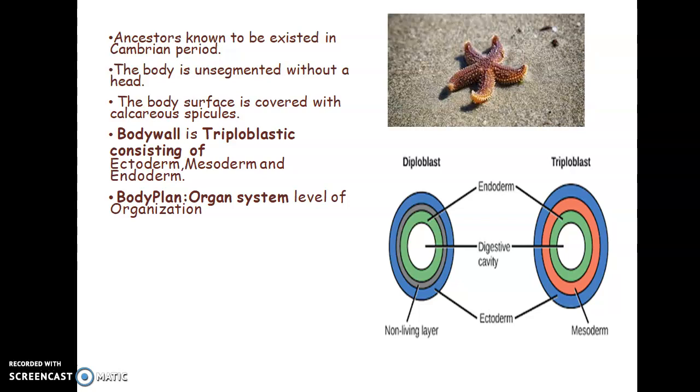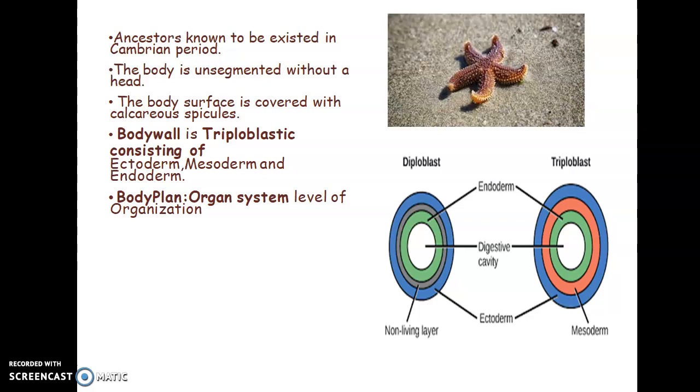Cellular means the cells perform all the functions of the body. In the tissue level of organization, the cells aggregate together to form tissues, and these tissues perform all the functions. In the organ level, different organs perform the concerned functions of the body.